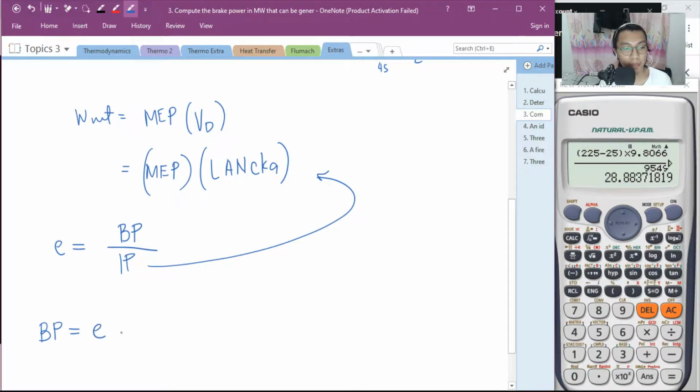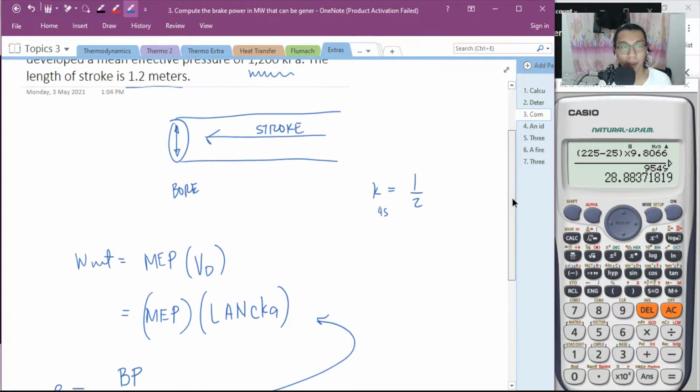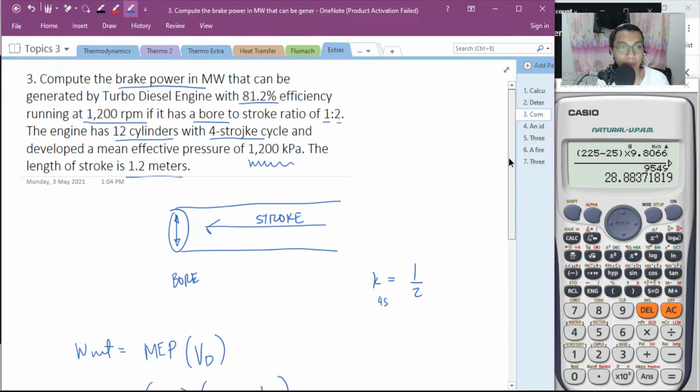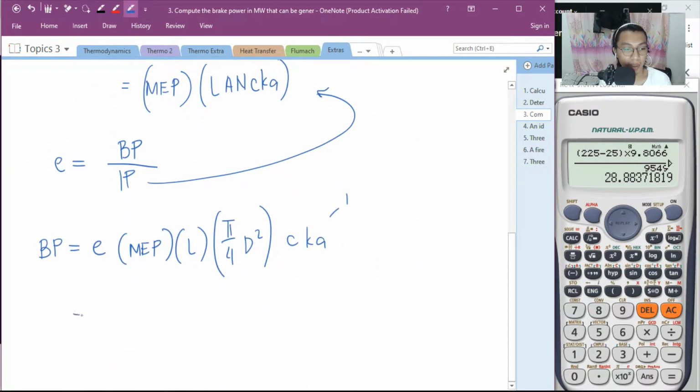So, E multiplied to MEP multiplied to lang ka L. Yung area ng bore, that is pi over 4 D squared, C K A. This is 1. Number of cylinder is 12. Buo na, pwede natin masolve. So, that is 0.812.